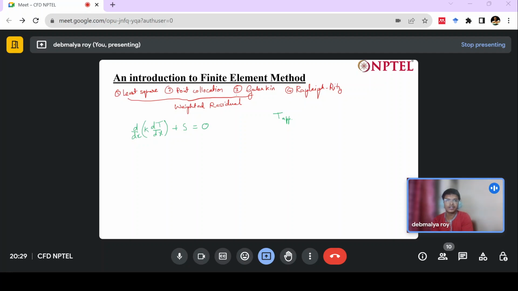In these weighted residuals methods, we will use the approximate solution to find the residual, and there will be some parameters in this approximate solution which we will try to evaluate using different weighting functions. This gives us an approximate solution, but it is a solution for the whole domain.